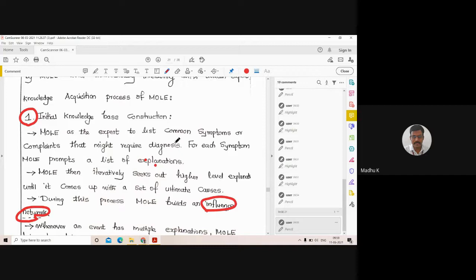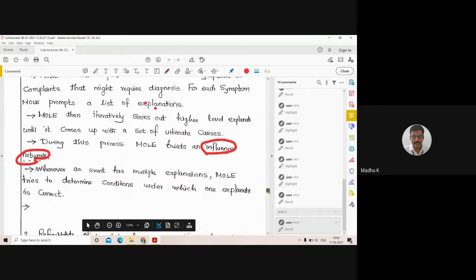Initially, it will list common symptoms or complaints that might require diagnosis. Then, for each symptom, MOLE prompts a list of explanations. Then, MOLE iteratively seeks out higher level explanations until it comes up with the ultimate causes. During this process, MOLE builds an influence network that contains various knowledge.